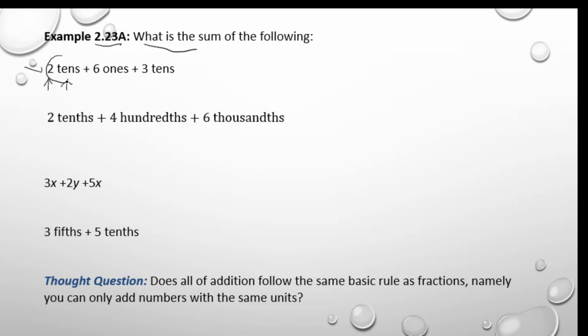But we can add 2 10s and 3 10s and get 5 10s. And we can add, just let the 6 1s carry on, right? And you would know this number as 56.